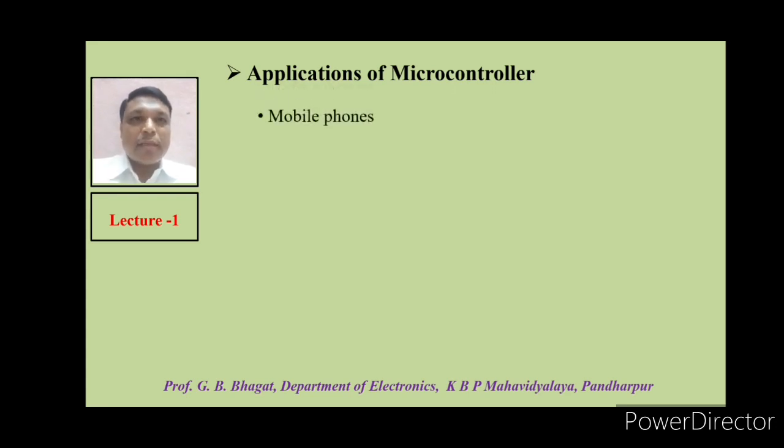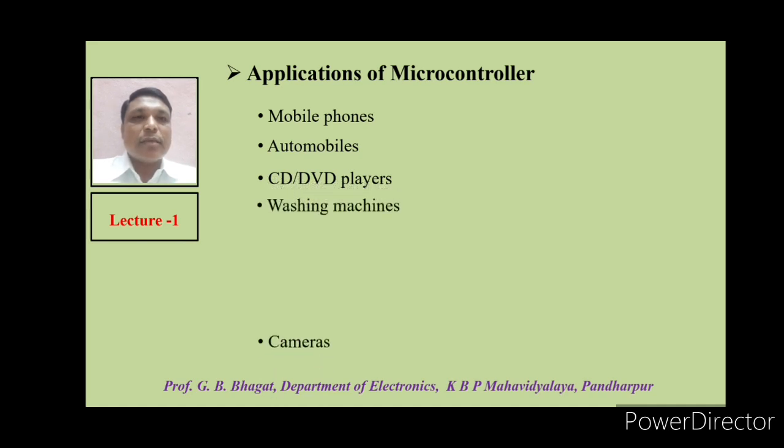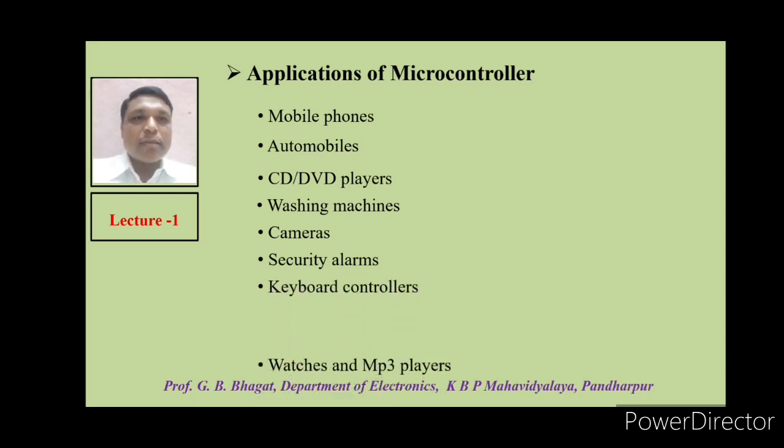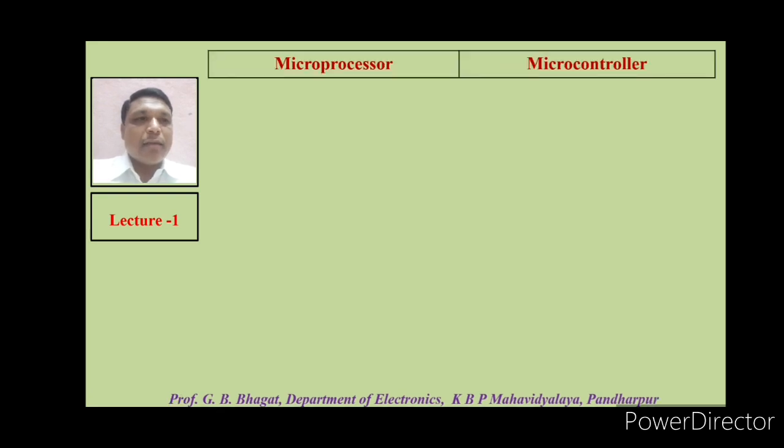Microcontrollers are used in various applications such as mobile phones, automobiles, CD or DVD players, washing machines, cameras, security alarms, keyboard controllers, watches and MP3 players. These are the various applications of microcontroller.